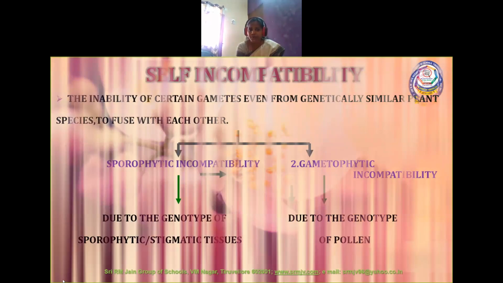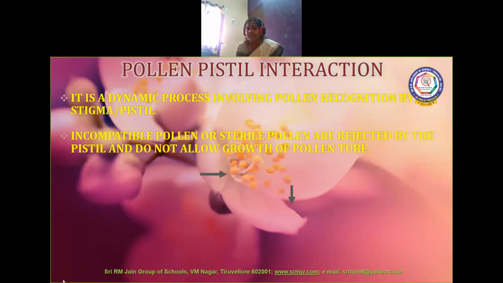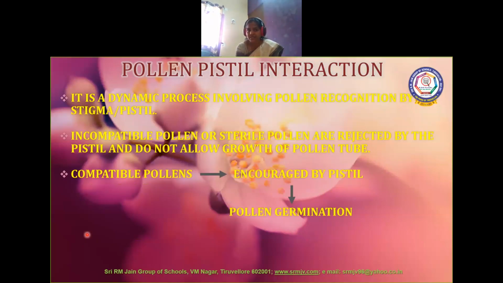Now we are going to see what events take place in pollen pistil interaction. See here, pollen pistil interaction is nothing but the pollen recognition by the stigma. If it is incompatible, the stigma will reject that pollen grain, so there is no growth of the pollen tube.